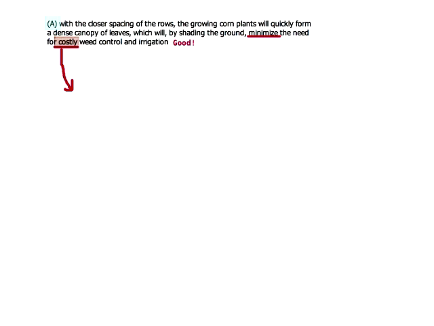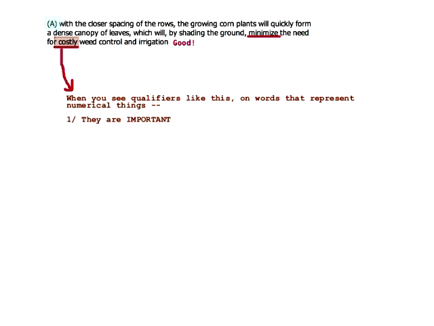Remember, this is not the quant section. They're not going to be making you calculate things. But when you see qualifiers like this on quantitative stuff, on words that represent numbers or numerical things in general, the first thing to know about that is that they're important.